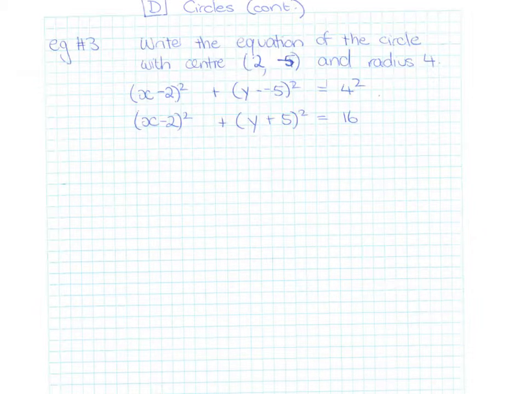X take 2 all squared plus, now b is negative 5. So we're going to write y minus negative 5 all squared. Alright? B is negative 5. Equals r squared equals 4 squared. So therefore our equation is x take 2 all squared plus y plus 5 all squared, because negative negative is a plus, equals 4 squared.